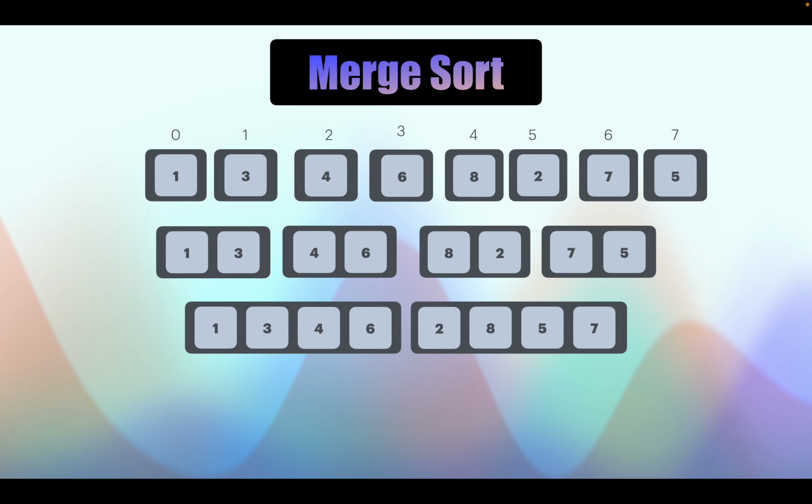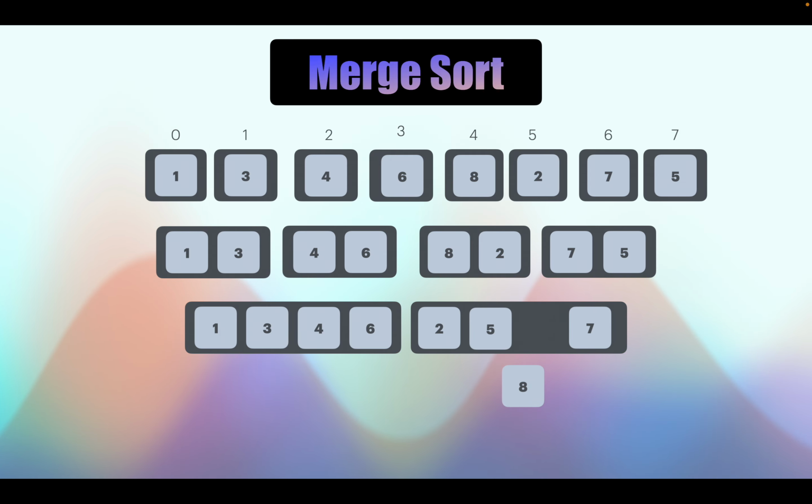By doing that we got our first subpart array with sorted elements. Actually for this example it's already sorted, we don't need to do anything. But look at the right-hand side part. Here you will see that 2, 8, 5, 7 are not sorted. So let's just sort them. So 2, 5, 7, 8.